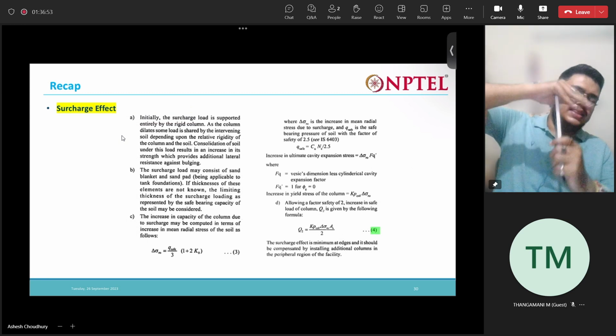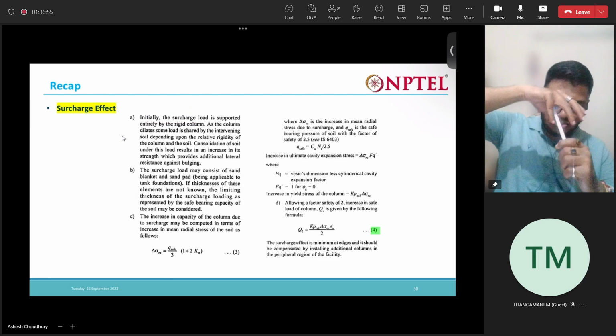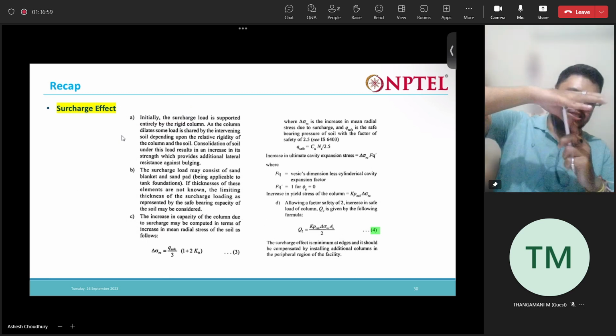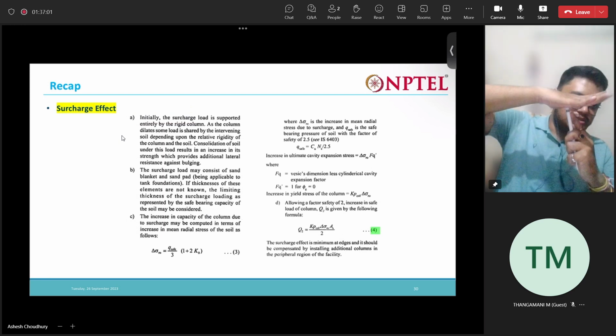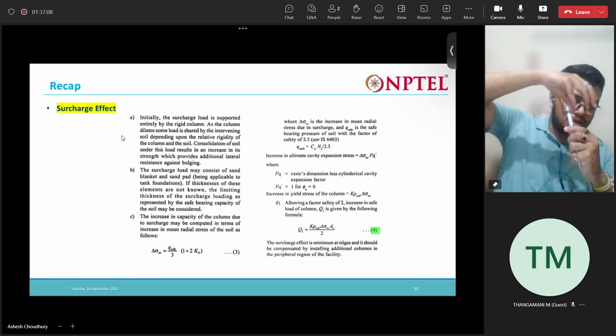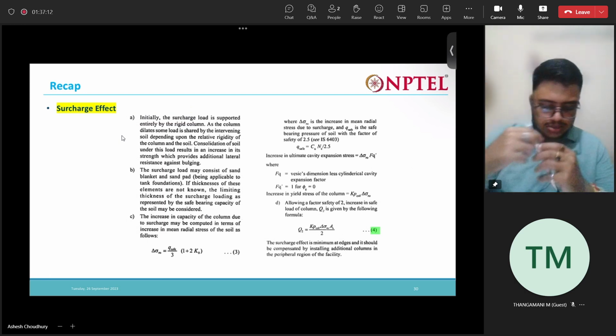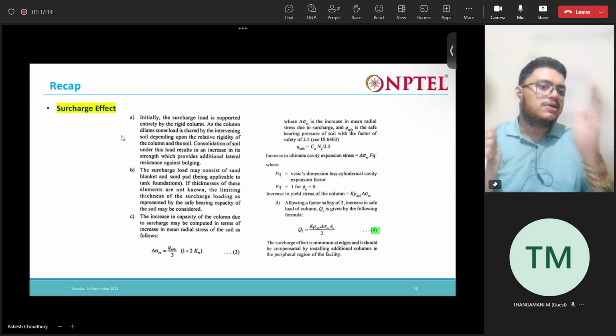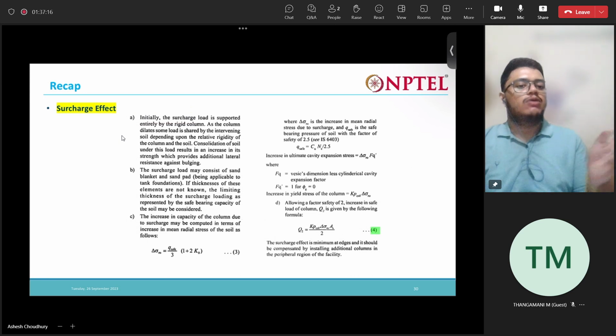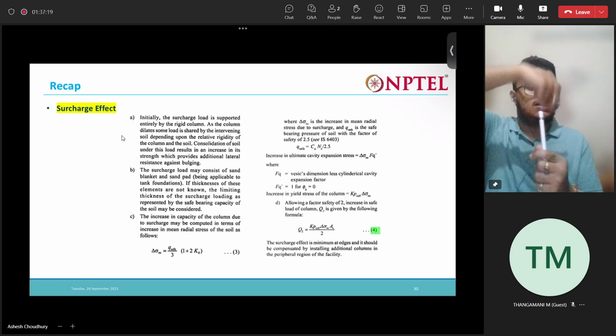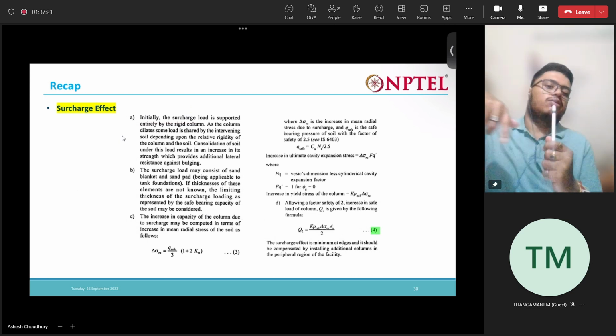Then, due to the load acting, there is some dilation of the column, and due to the dilation, some part of this load transfers to the surrounding soil around the column.